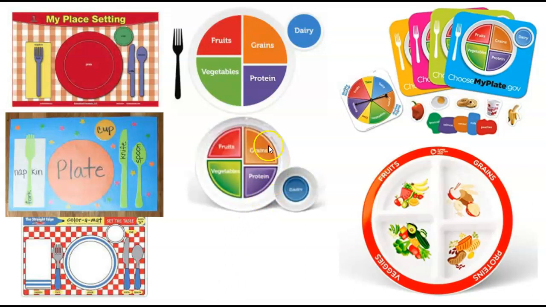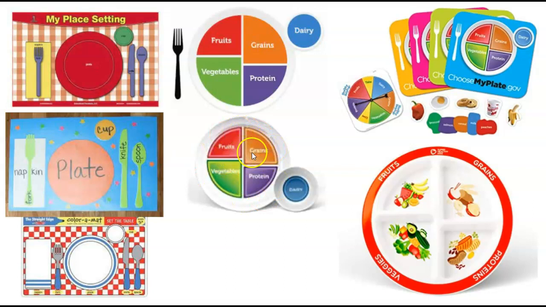You can also find, by using the MyPlate activity or MyPlate purchases, you can find all these on eBay as well as Amazon. I'm guessing you could probably do the myplate.gov. They probably have stuff there too. They have plates. I don't know if you can see this, but each of the plates are actually sectioned.